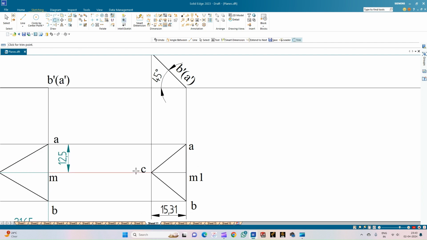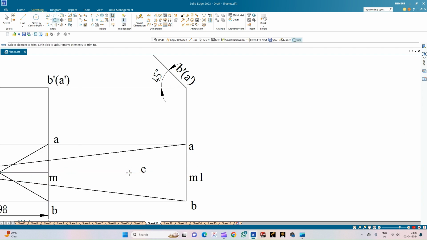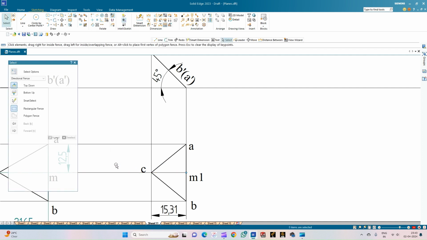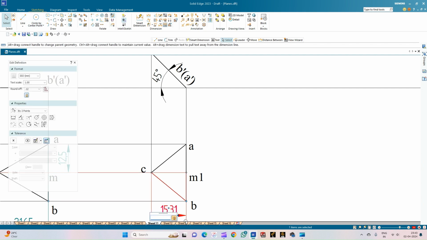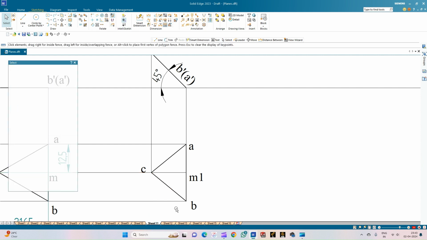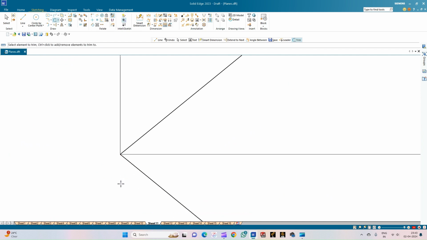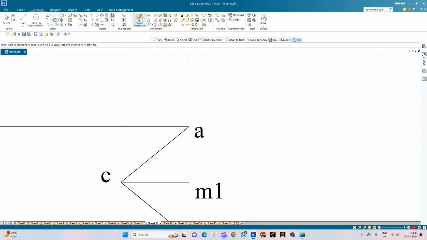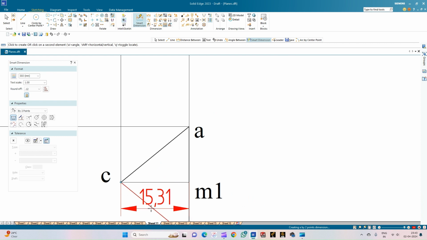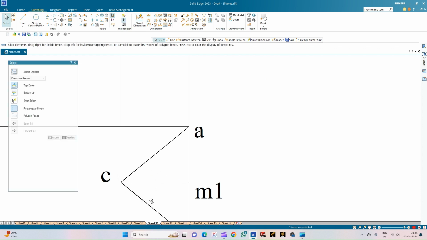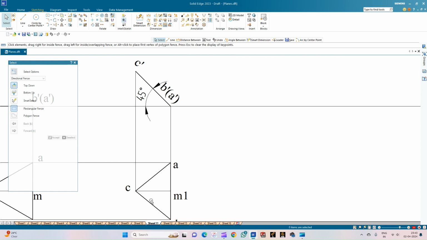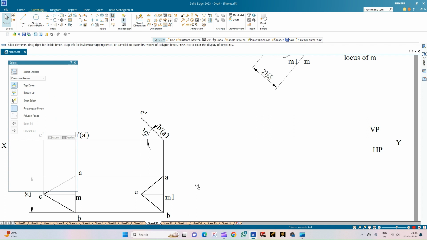So we'll just use the trim option for the time being. Okay, so it is correct.